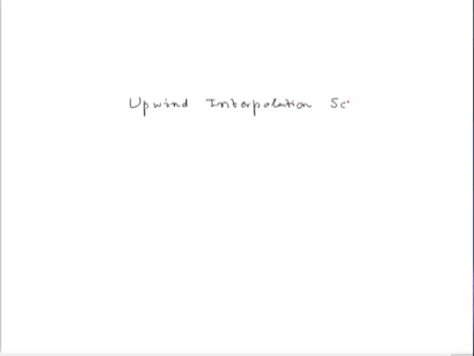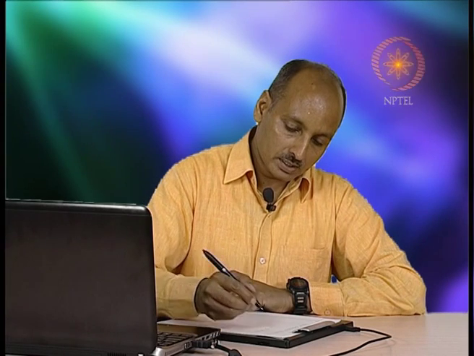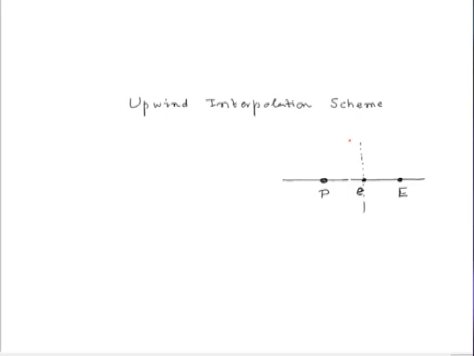So, let us first draw a schematic diagram. Computational node capital P, next to it node capital E, and we want an approximation for the function f at the eastern face denoted by a small e. Now, for the upwind interpolation scheme, suppose the u velocity is greater than 0.